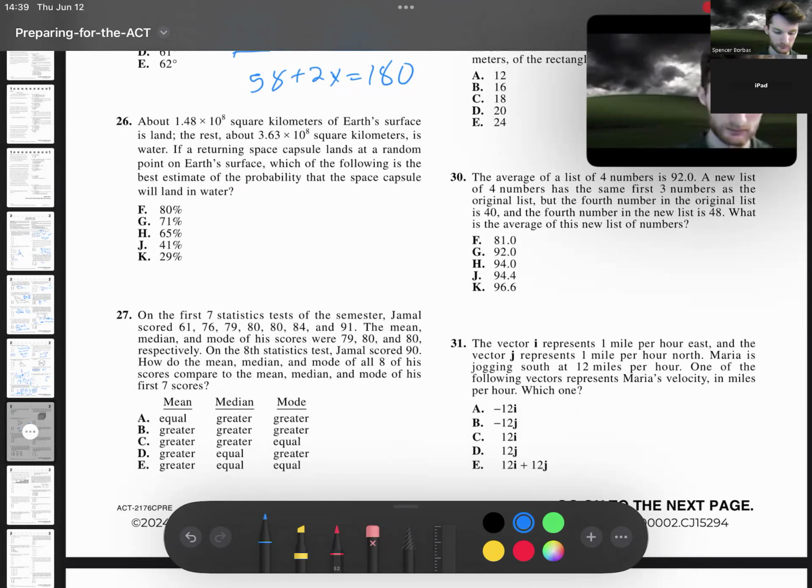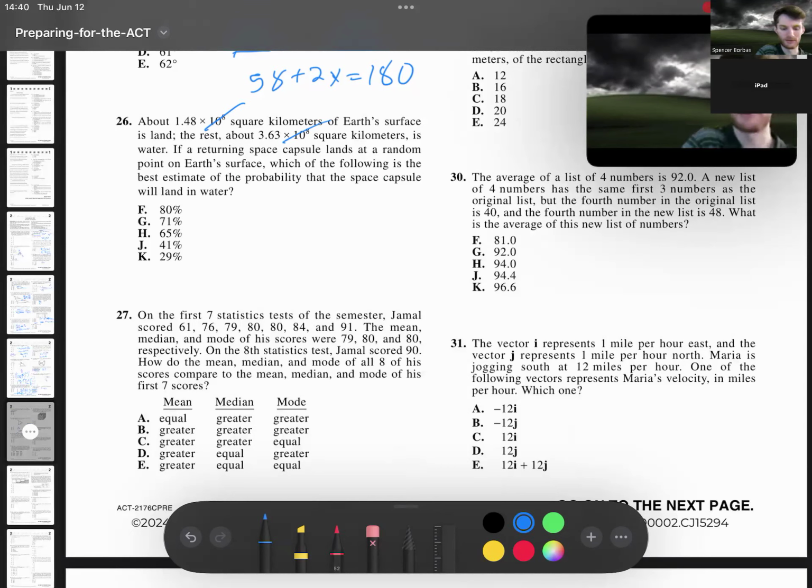That's square kilometers. Water. Okay, water. I have to add those numbers together. You know what? Ultimately, this doesn't matter.